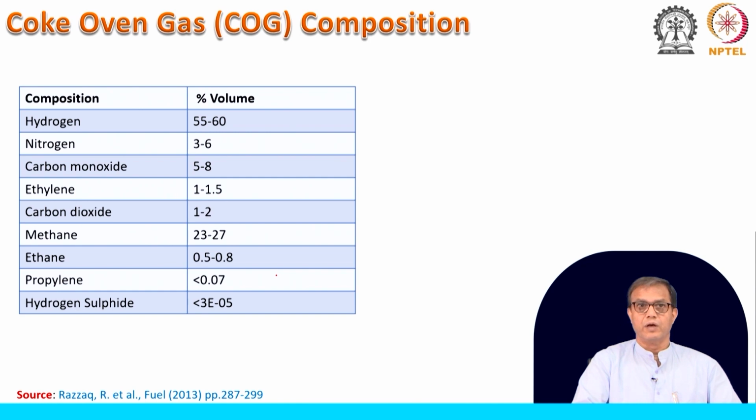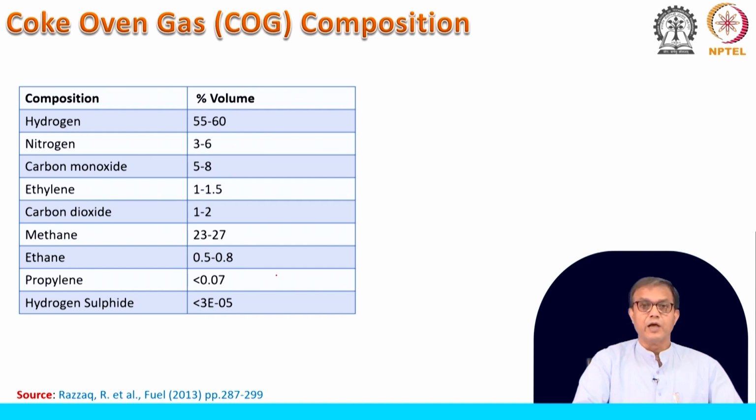There is no difference between these two, like this the majority part or the main component is hydrogen and the other is methane, and the rest of it could be nitrogen and carbon monoxide etc., other than the heavier hydrocarbons. Sometimes hydrogen sulfide will also be there in small quantity.